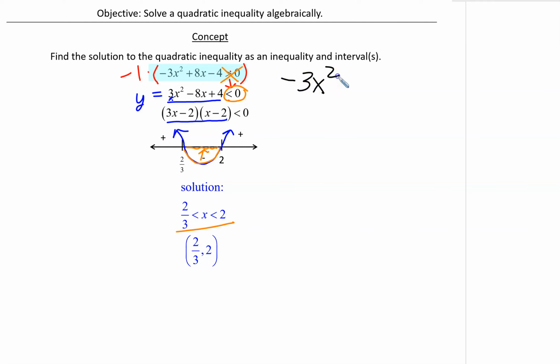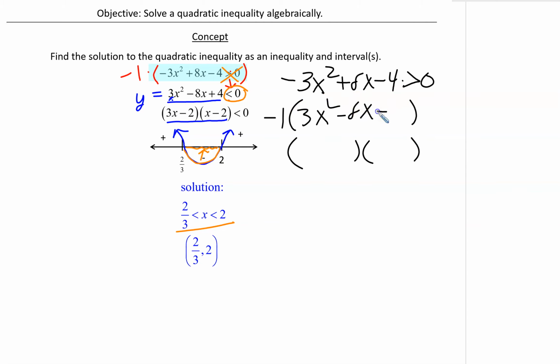The difference would be when you do your factored form, so now we have greater than 0, you can factor out a -1 if you want to, or you can just factor with the -3 if you want to. I think it's easier if you factor with the GCF of -1 being factored out first, so then you get this, and now this stays a greater than 0.